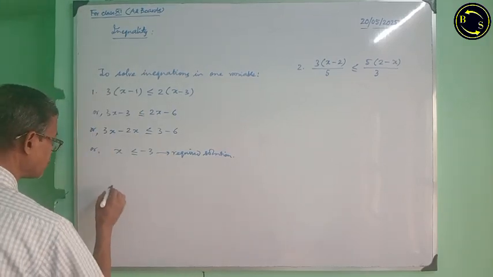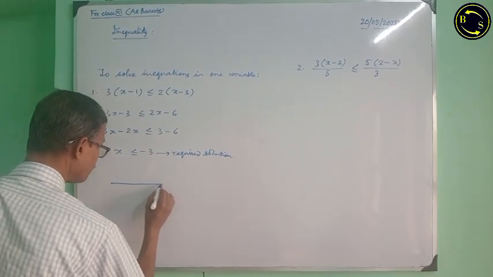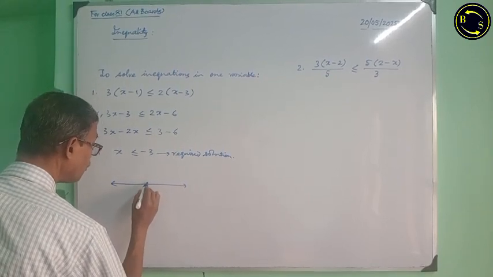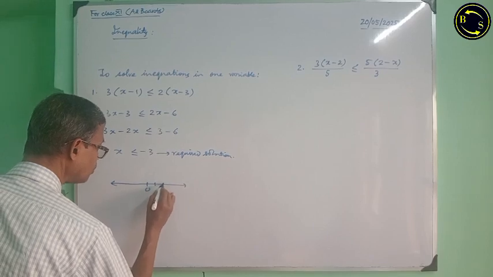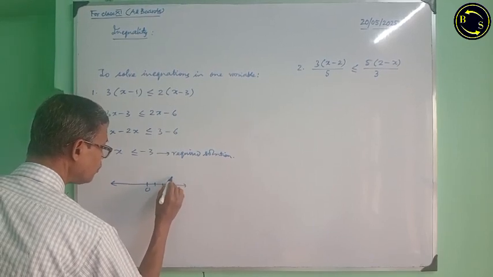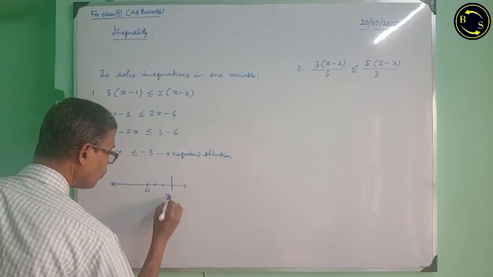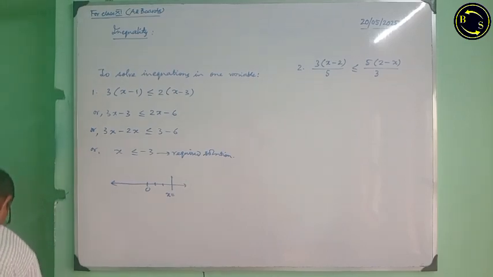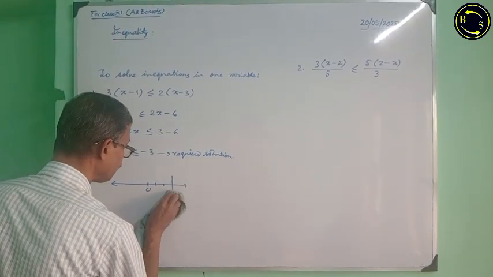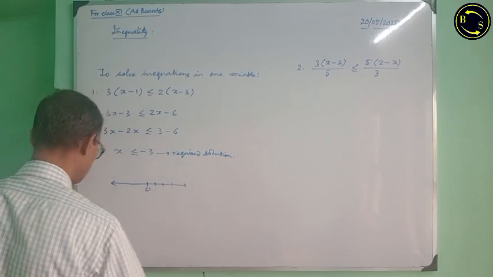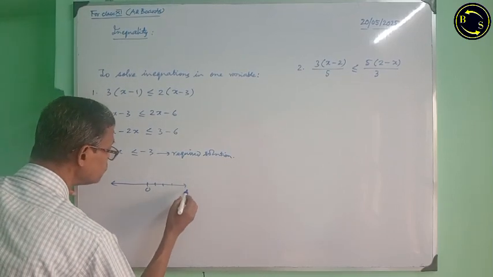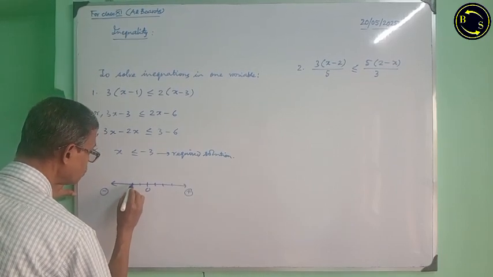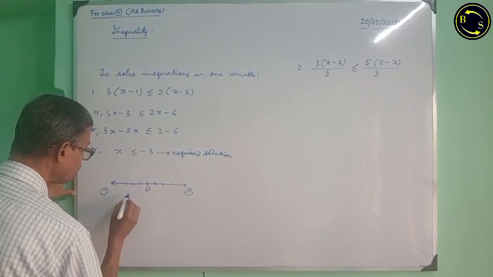Now this is expressed on the number line. Add 1, 2, 3. Sorry, minus 3. Minus 3. I have marked wrongly. Minus 1, minus 2, minus 3.